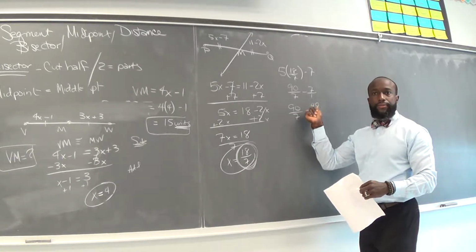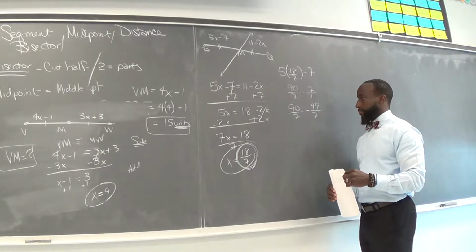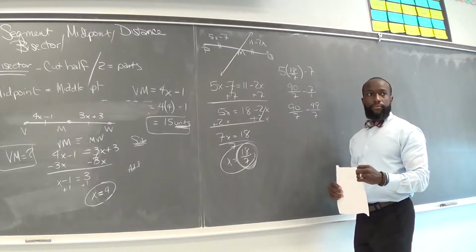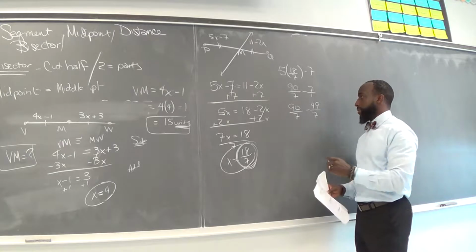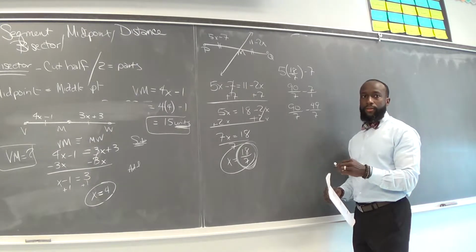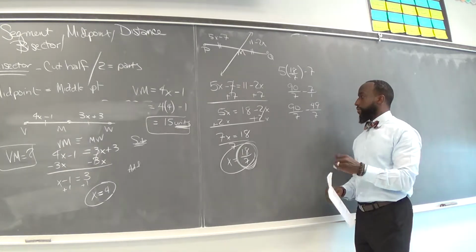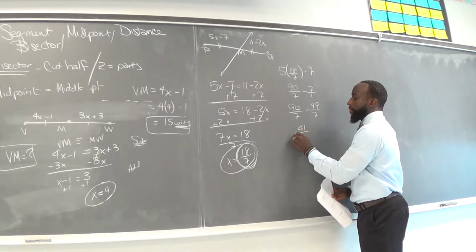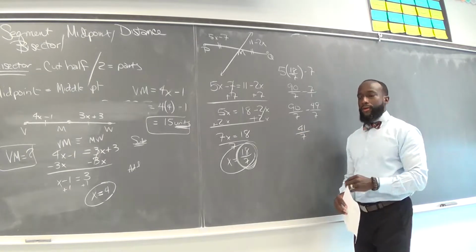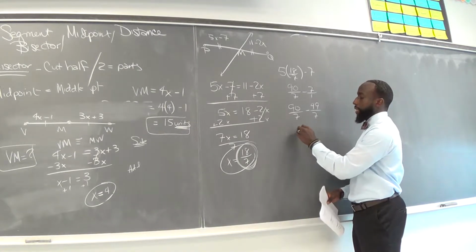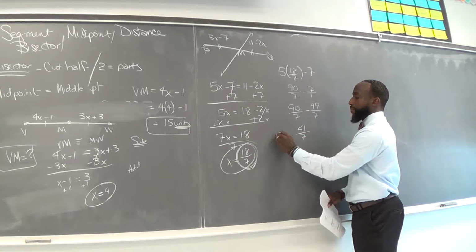Help me out. 59? It's 51? Oh yeah, you're right. Yeah, 41. 41 over 7. Okay? 41 over 7 is going to be PM.